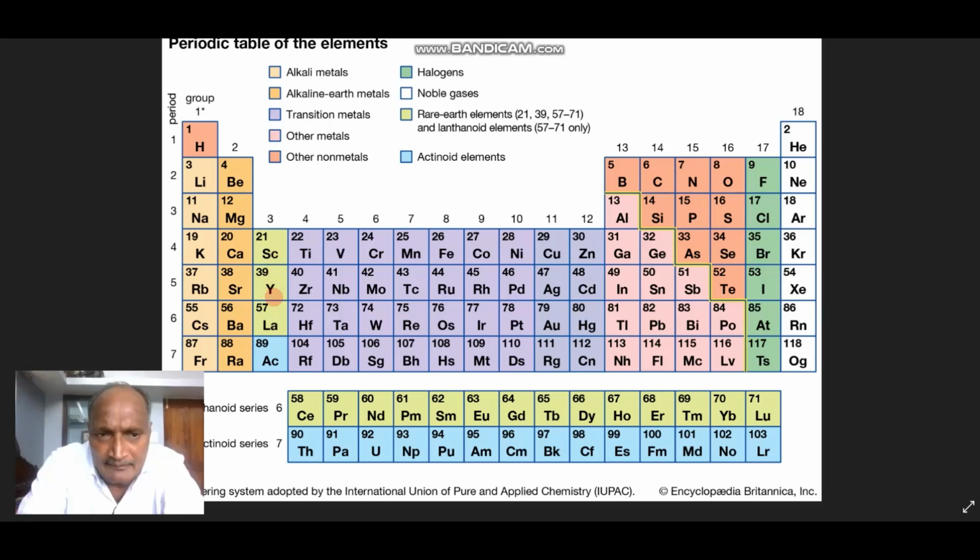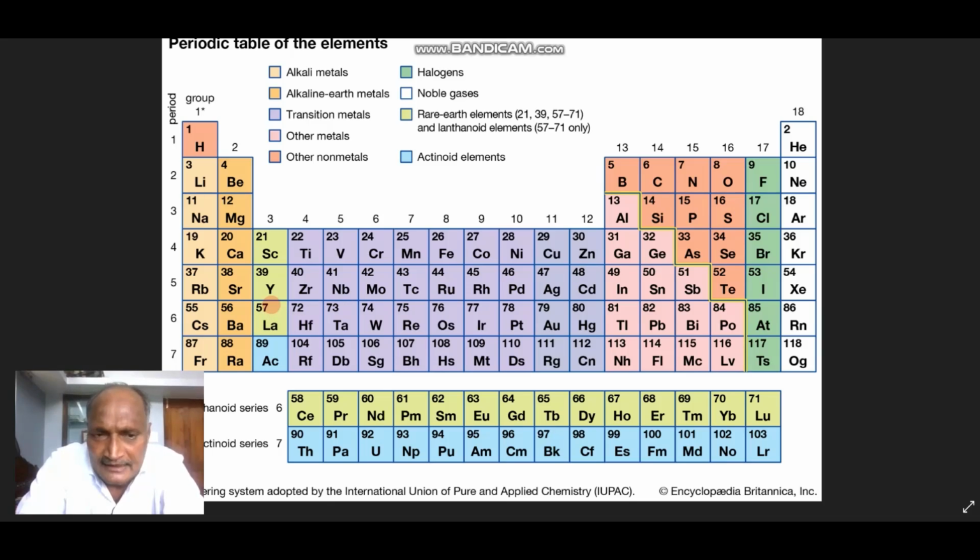Elements having atomic number 39, that is yttrium, to cadmium, atomic number 48, are called 4d series elements.